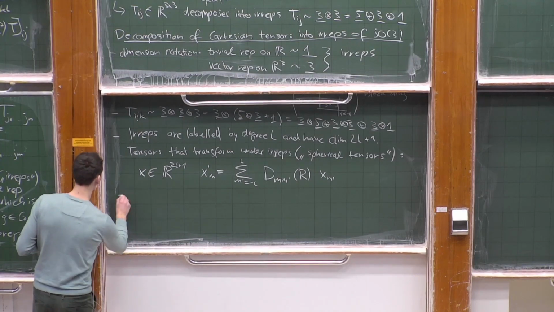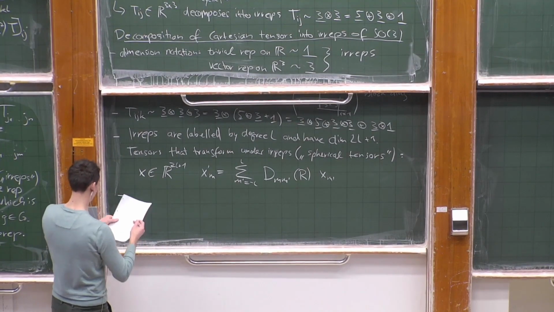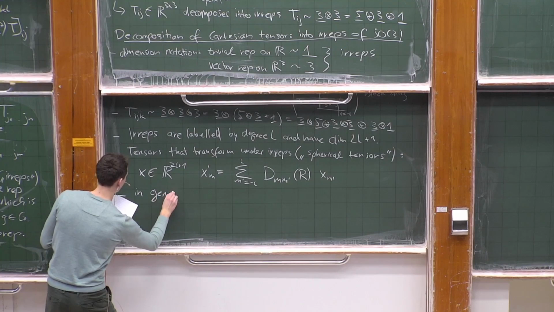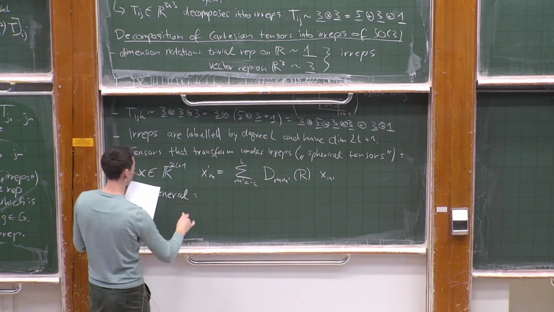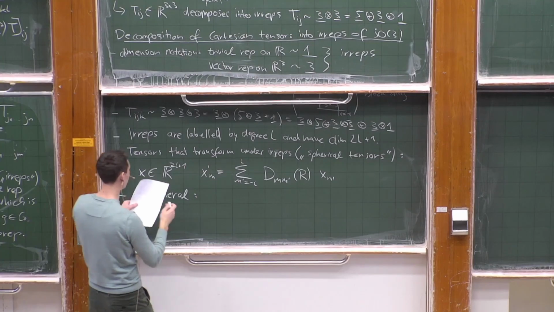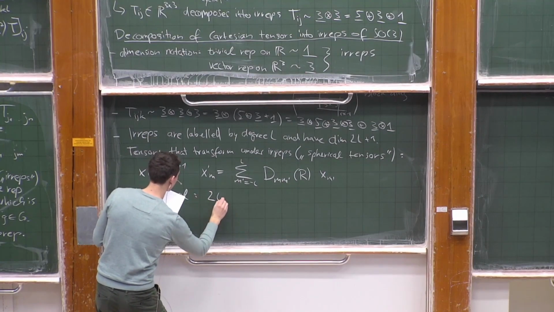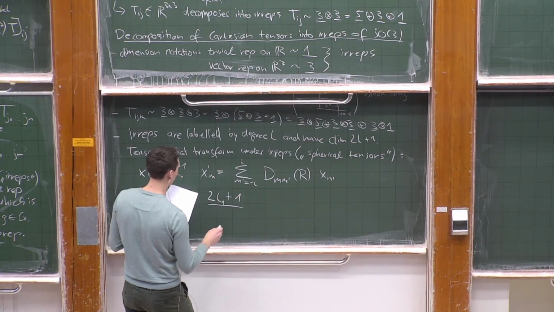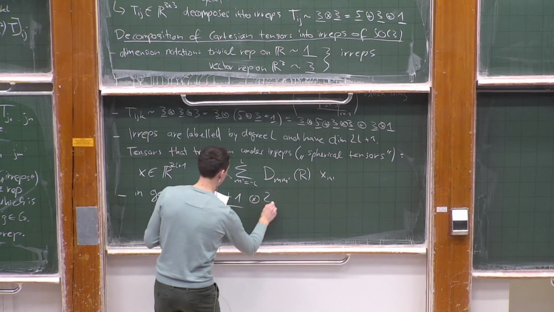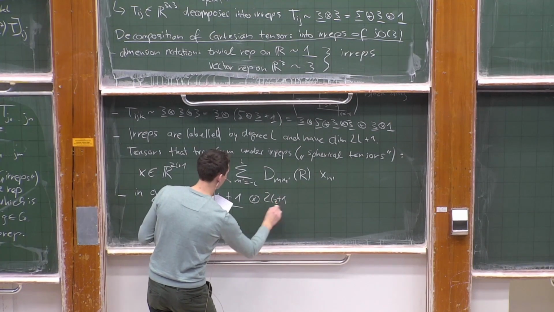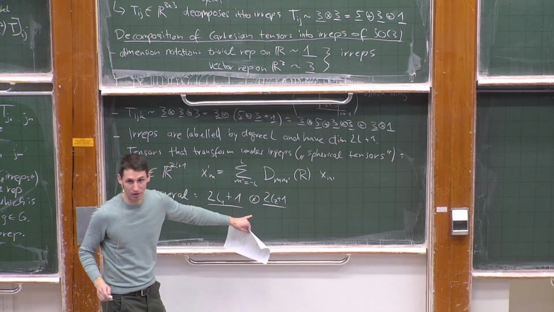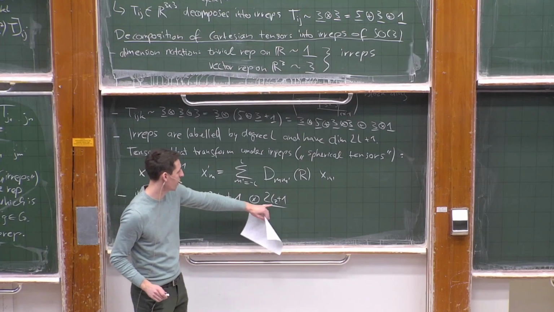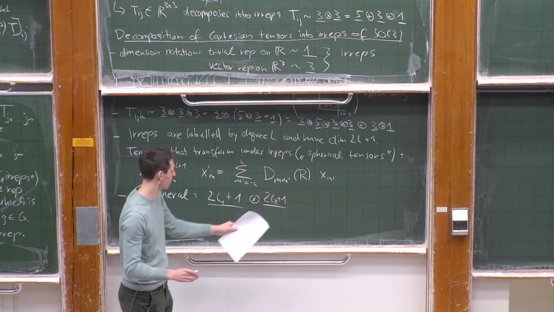Okay, now the general rule, which I promised, for how to do the decomposition, at least in terms of dimensions, is the following. This is why I needed to introduce this notation of the L. If we have an irreducible representation of degree L1, and we have an irreducible representation of degree L2, then if we take the tensor product between them, we will get something that is 2L1 plus 1 times 2L2 plus 1 dimensional.